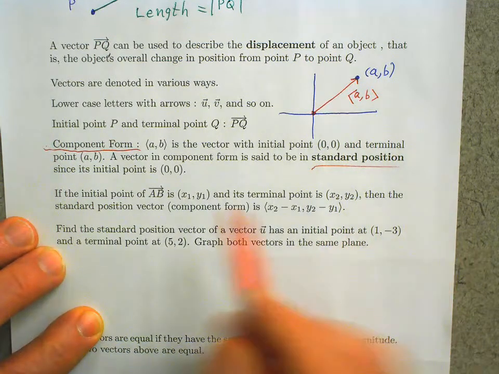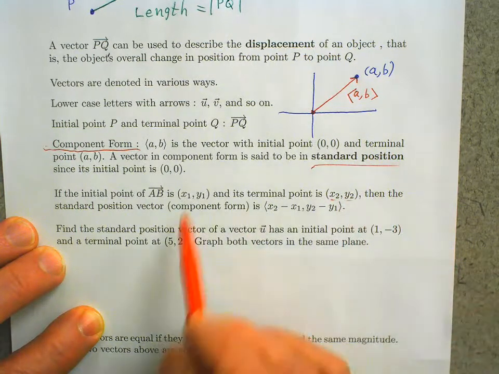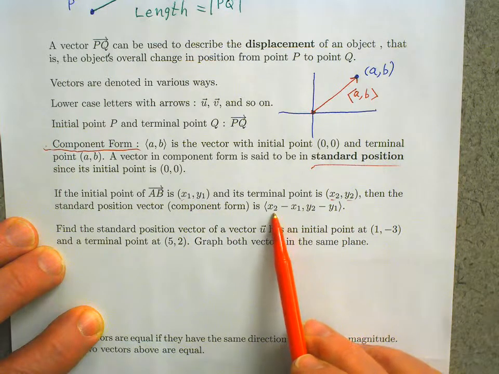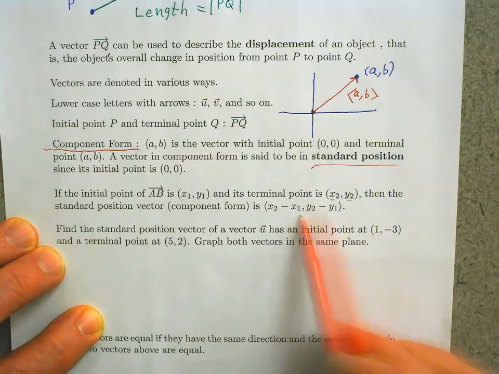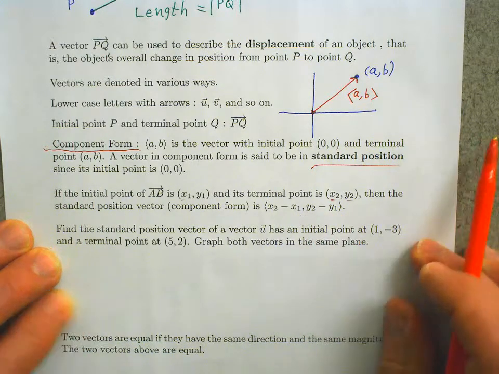So if the terminal point is (x2, y2) and the initial point is (x1, y1), then the first coordinate in the component form vector is x2 minus x1. The second coordinate is y2 minus y1.